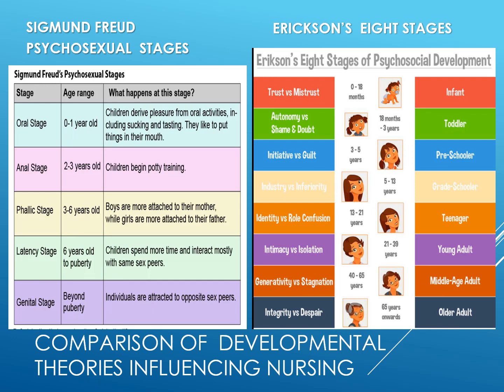And our teenager or adolescent stage is identity versus role confusion, and that's from age 13 to 21. Then we have intimacy versus isolation, which is our young adult stage, and that's age 21 to 49.